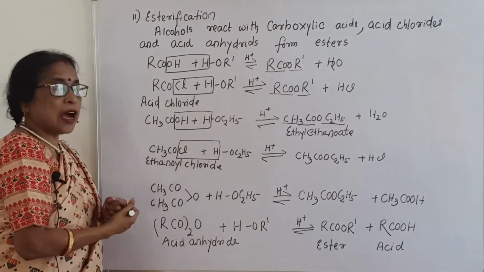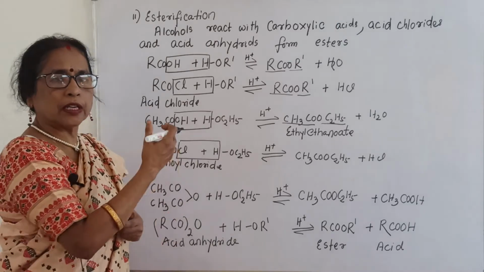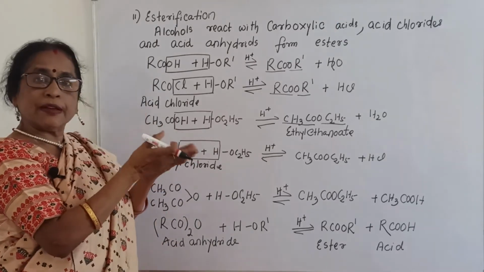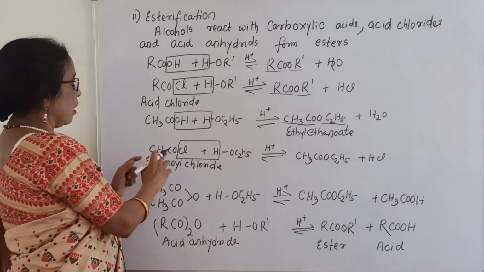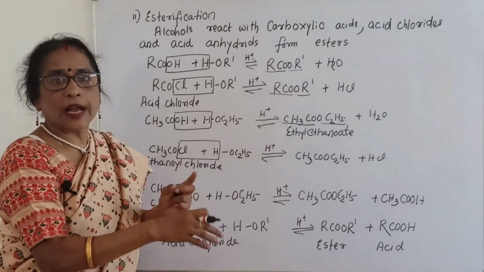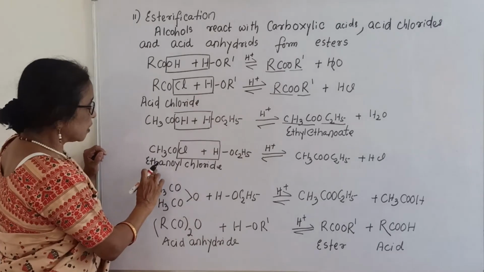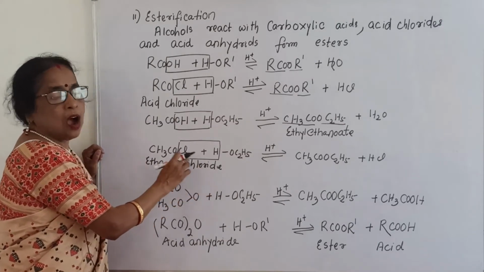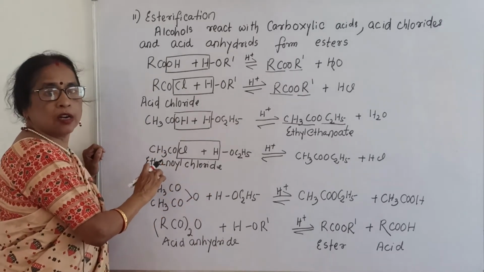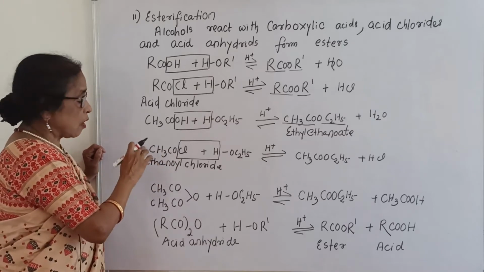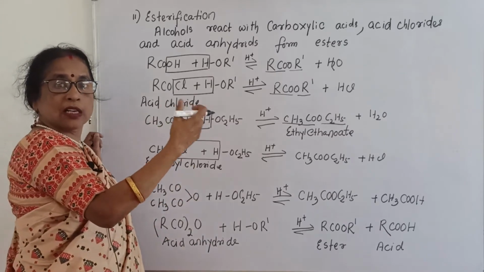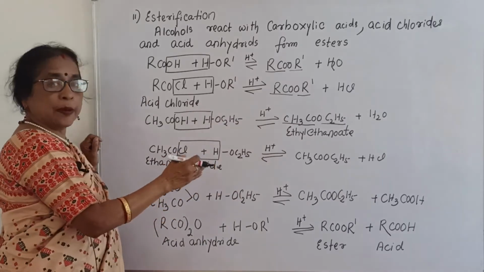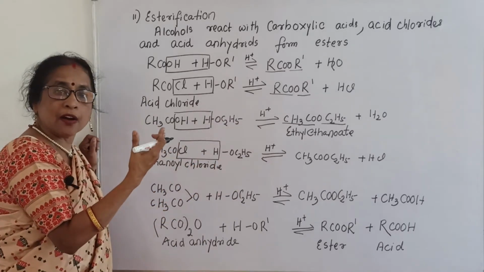Next come to ethanoyl chloride. What is meant by ethanoyl chloride? This is a derivative of acid. How? Because in acetic acid, OH is replaced by Cl, so it is called ethanoyl chloride, or acetyl chloride. Why acetyl chloride? Because it is from acetic acid. Why ethanoyl chloride? Because by IUPAC name it is ethanoic acid.